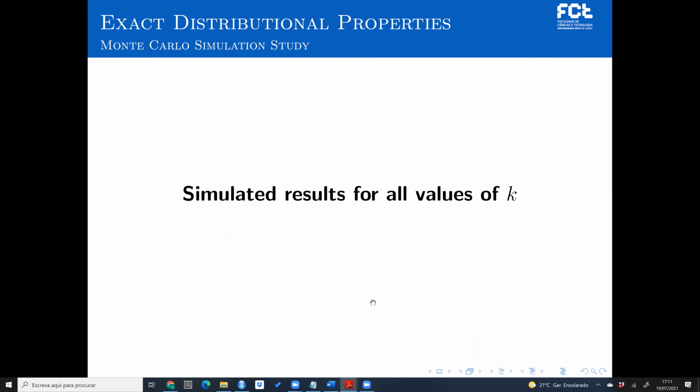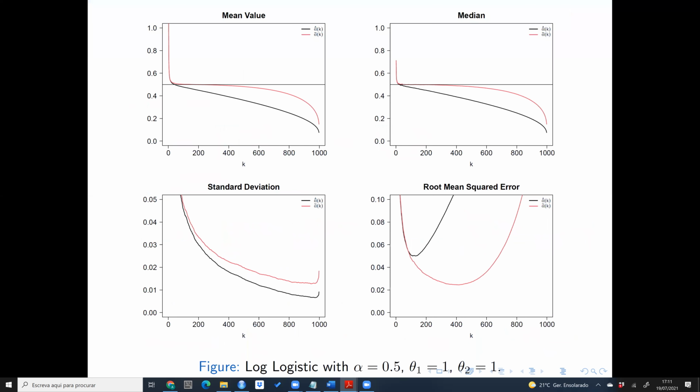So let's see simulated results for all values of K. Here we consider a log logistic distribution with shape parameter equal to 0.5, and for the location and scale parameters equal to 1. So the results for the modified estimator are in black, and for the bias corrected version are in red.